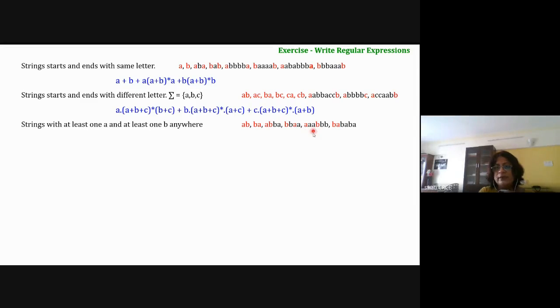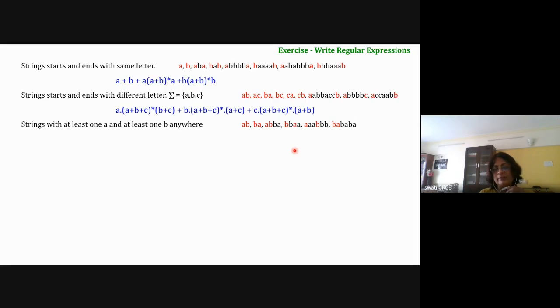A is first, then B, and here B is first and then A. And other symbols can be anything, anywhere. So at least one time it should be there. So what to say? What are your answers? Either A or B should be there anywhere.